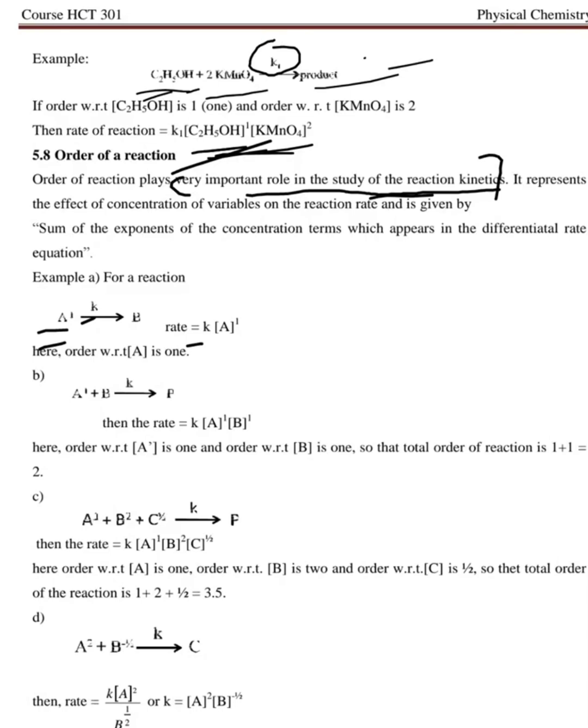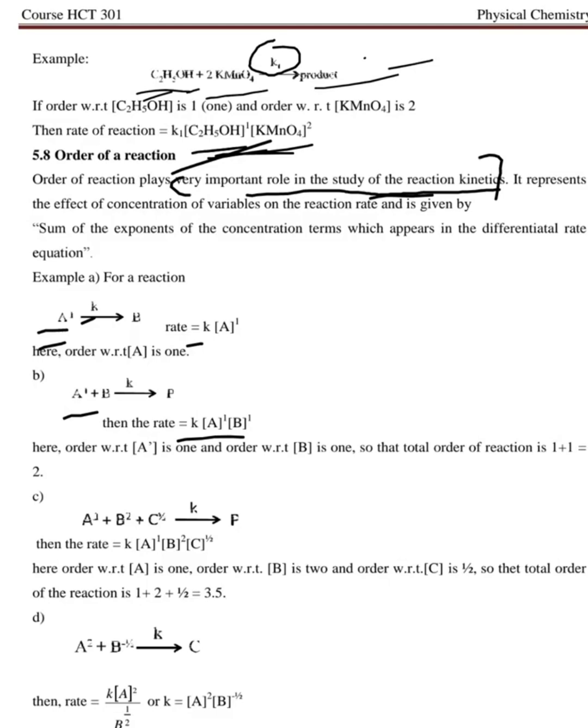And if you are taking two different molecules, A1 plus B gives the product, it can be written as K into A1 into B1.